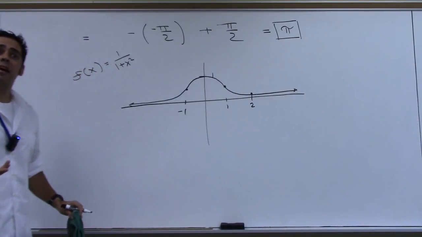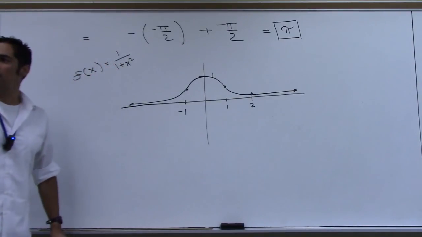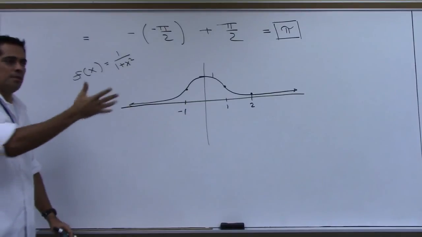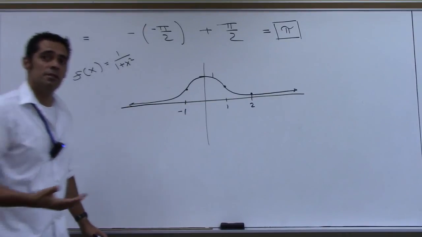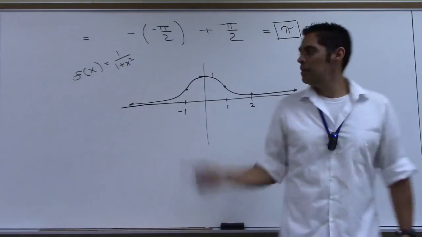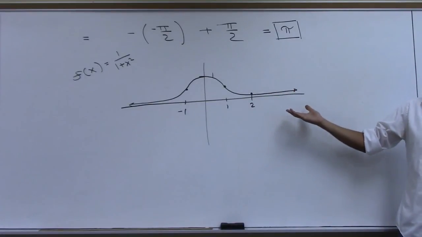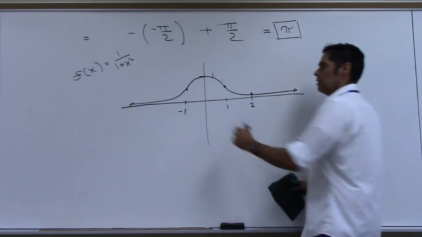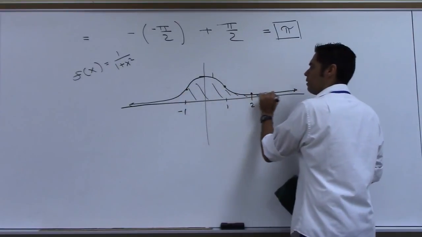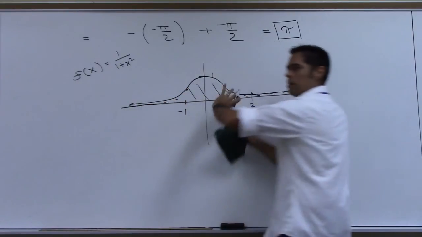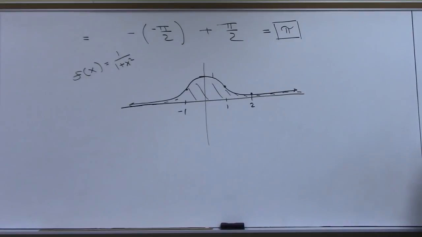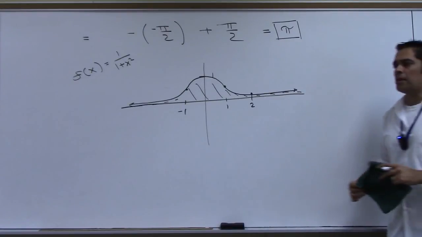What we just did says what? Who wants to tell me what we just did and what it means, geometrically? The area underneath this thing is pi. If you take the area forever in both directions, if you were able to, you would get pi.